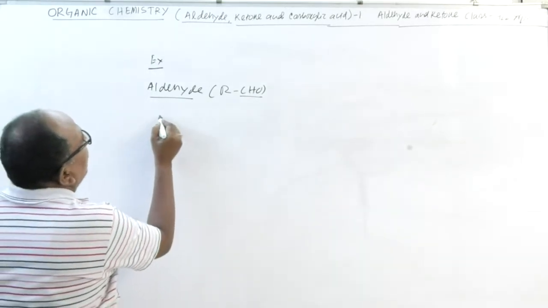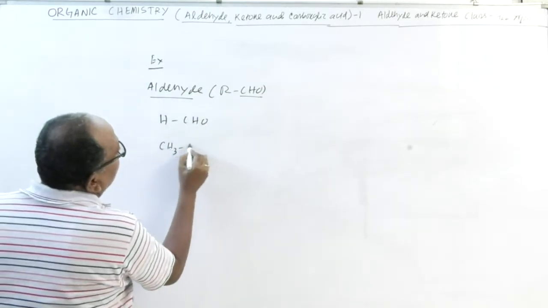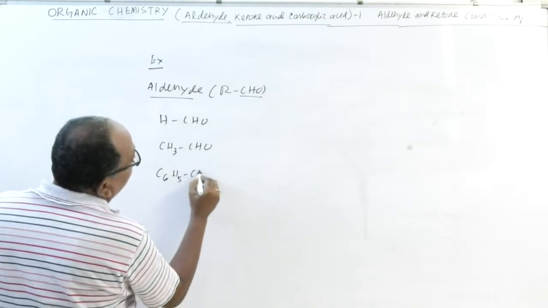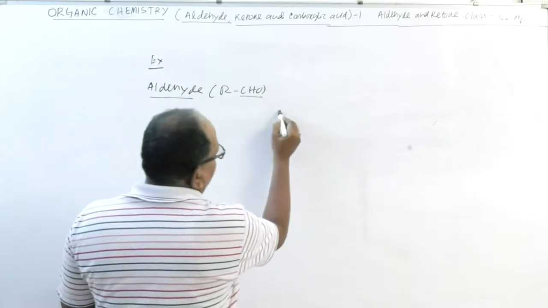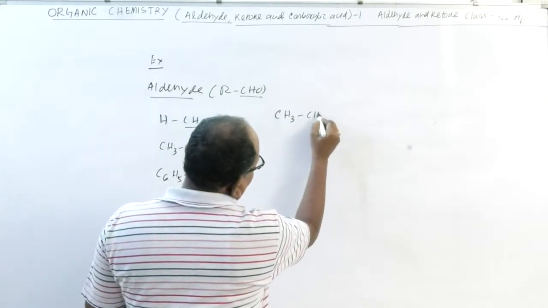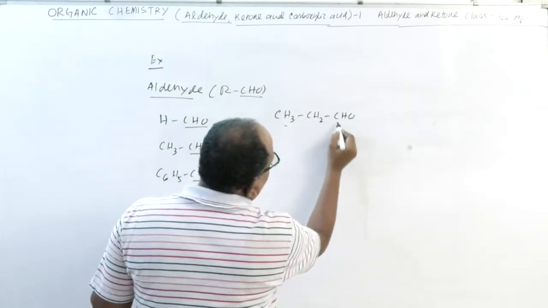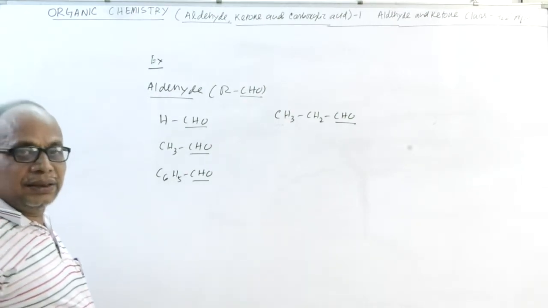The examples are HCHO, CH3CHO, C6H5CHO, and CH3CH2CHO. These are some examples of aldehydes.